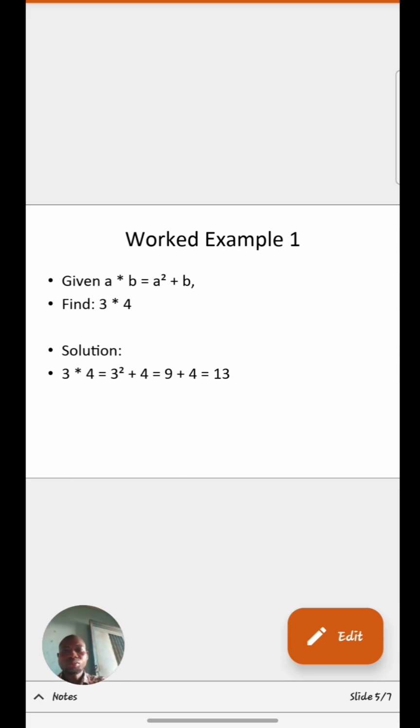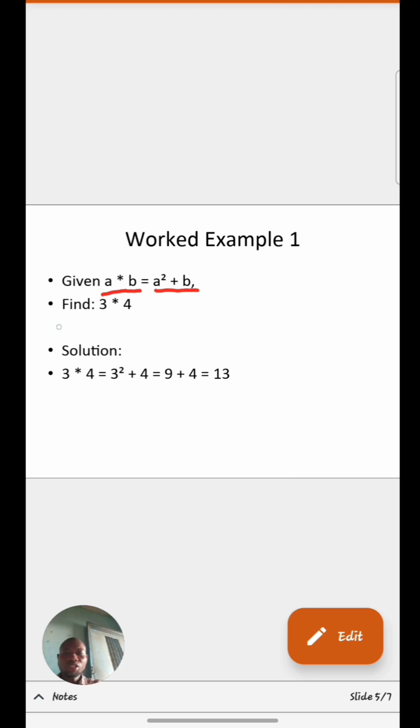Let's assume that A operation B is equal to A squared plus B. That is what the operation is defined as. So it means anywhere we see A, we put 3, and anywhere we see B, we put 4.